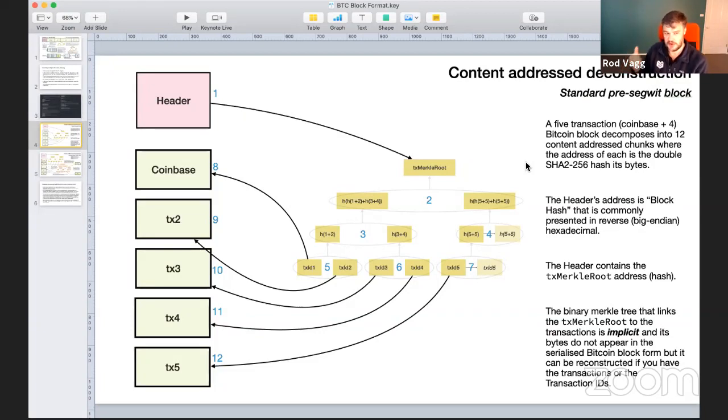Bitcoin blocks are content addressed in the sense that you address these blocks by a hash, and then you can look them up in their system by the hash. But it's only a pure hash. It's a double SHA-256 of the first 80 bytes. That's all it is. And then you have this internal DAG structure within the block itself, where that 80 bytes contains a hash of this binary Merkle tree, which hashes the transactions.